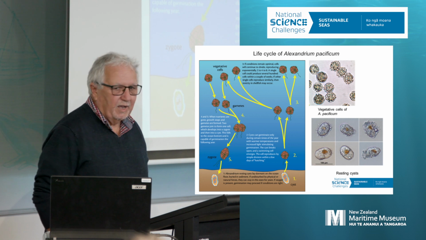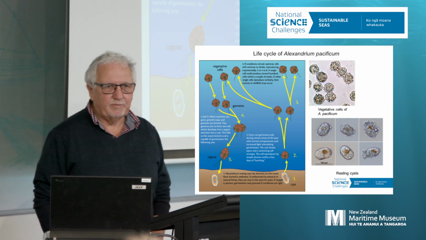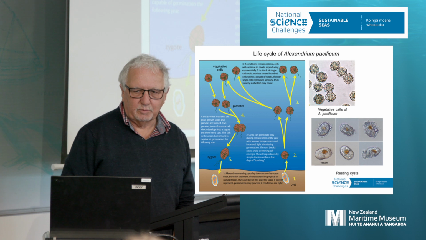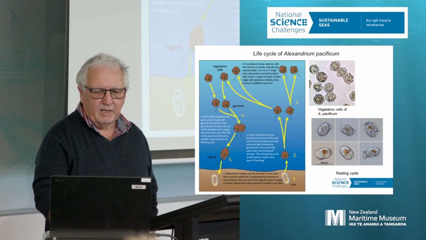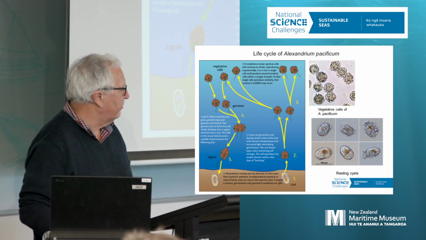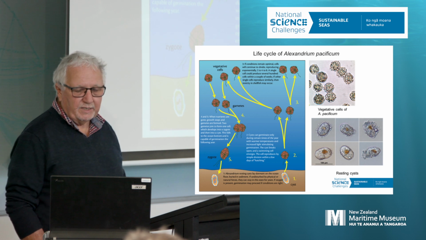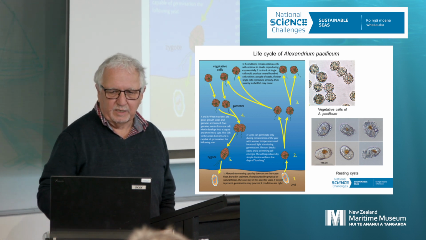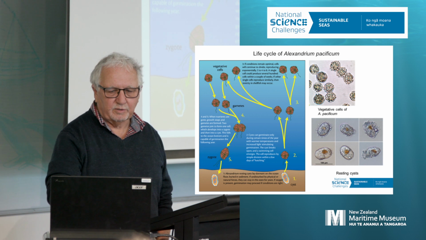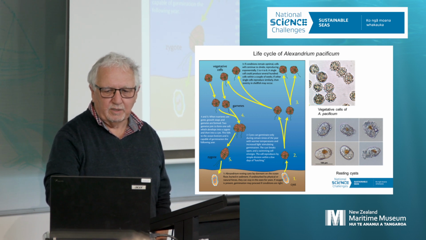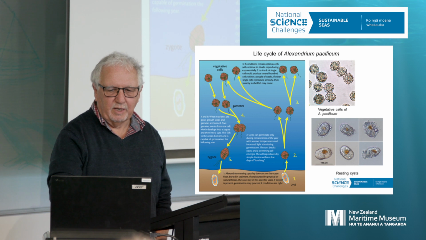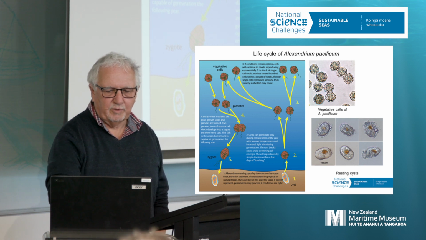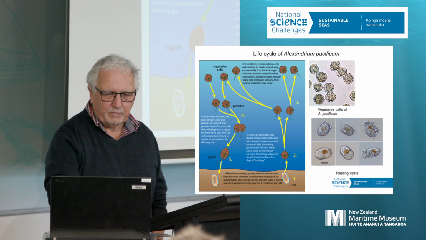An important feature of Alexandrium pacificum is the fact that it has a benthic stage to its life cycle. As a result of these blooms, there has been the development of quite high densities of cysts in the sediments in these inlets, and every year this is where the blooms originate from. So the cysts hatch. The cysts are actually the diploid stage of the life cycle. The vegetative form is the haploid stage, so it divides by binary fission in the water column.